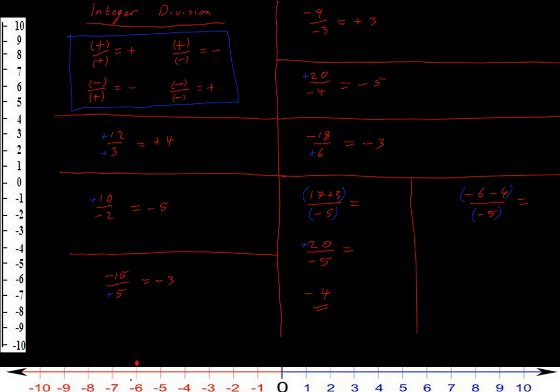So I start off at minus 6 and I'm going to subtract 4. Am I going to get bigger or smaller? I'm going to get smaller, and I'm going to get smaller by 4 places. So I'm going to go 1, 2, 3, 4 down to minus 10. So I have minus 10 all over minus 5.